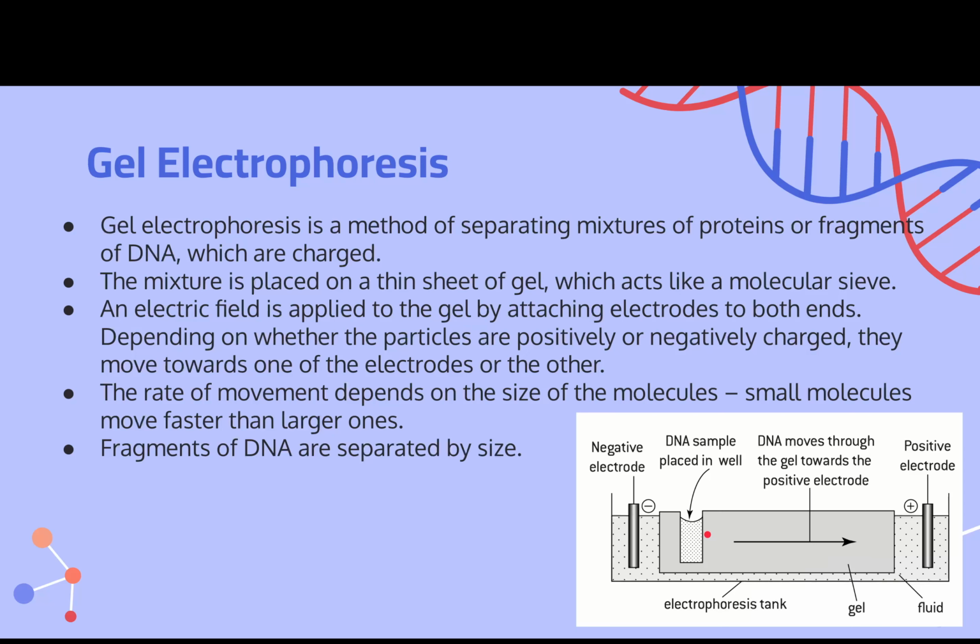Based on their size, the rate of movement will change, and therefore there will be a track seen. The smaller ones will move a lot faster than the larger ones through the gel, and therefore be closer to here than there. The larger bits are here, and therefore you can separate the fragments of DNA by size.